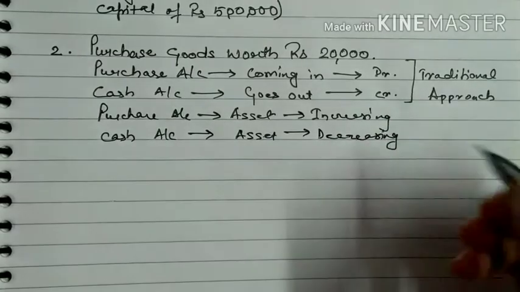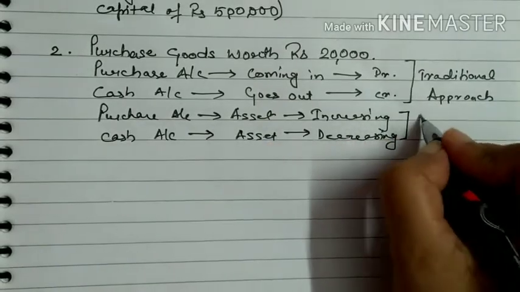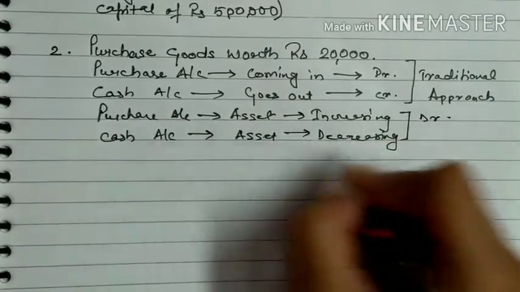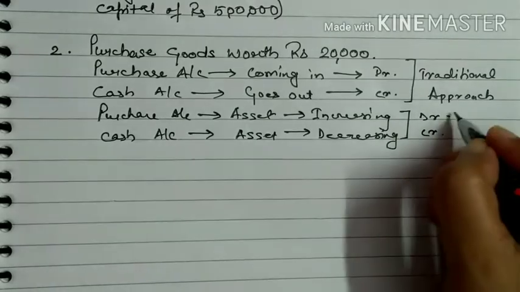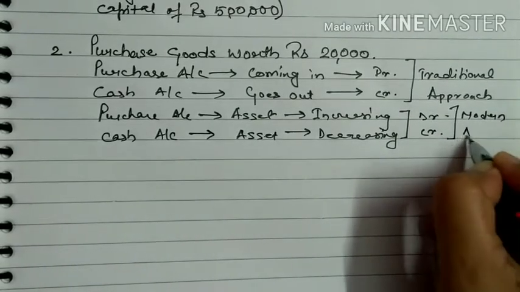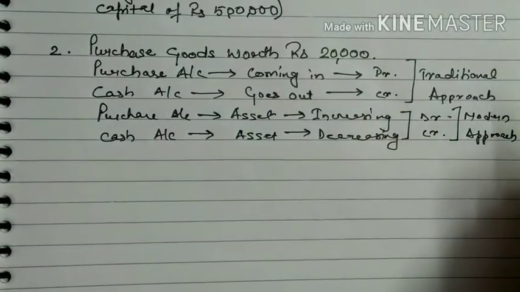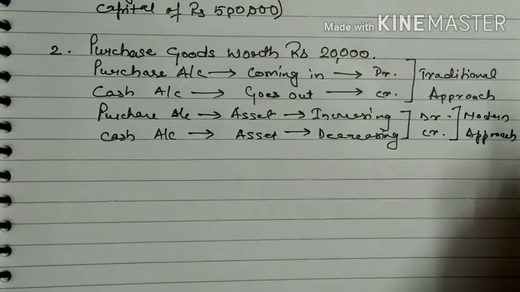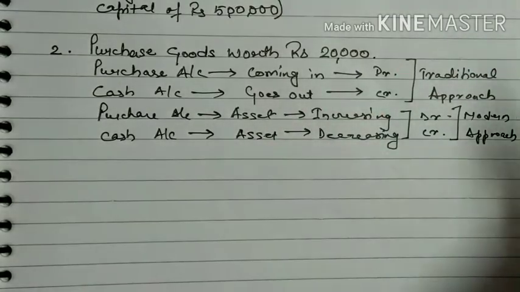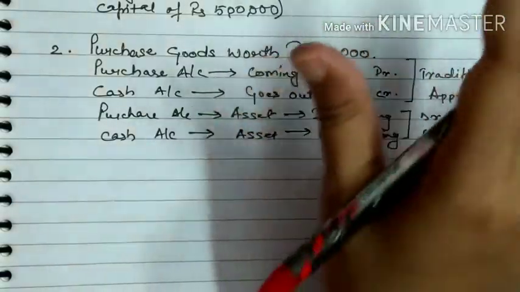So there will be a decrease in the cash balance. Okay, so increase in asset will be debited and decrease in asset will be credited. This will be according to the modern approach. I just meant to say that whatever rules of debit and credit you apply, be it traditional approach, be it modern approach, the entry will remain the same.